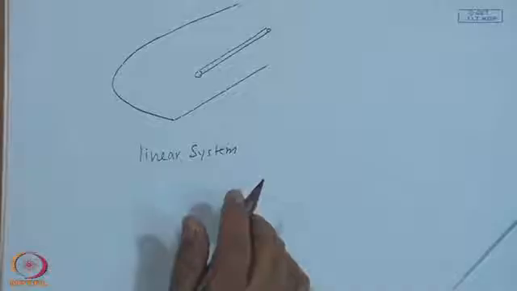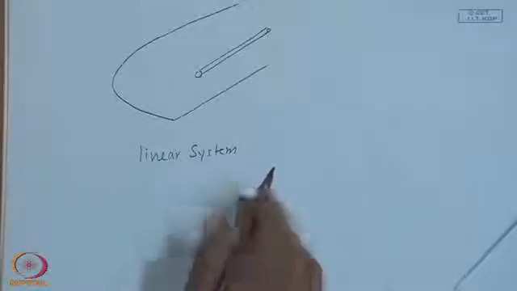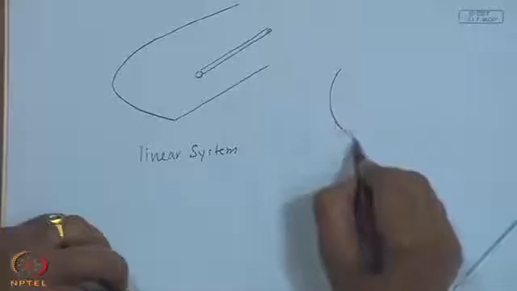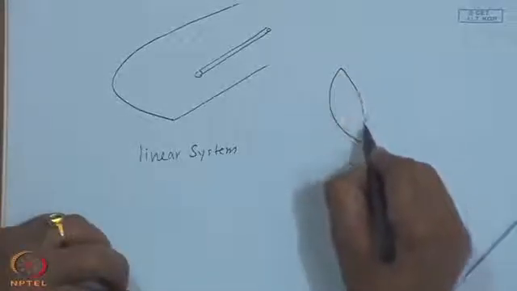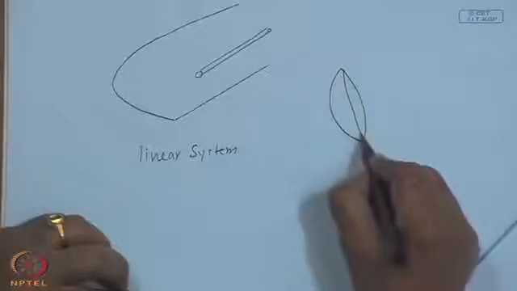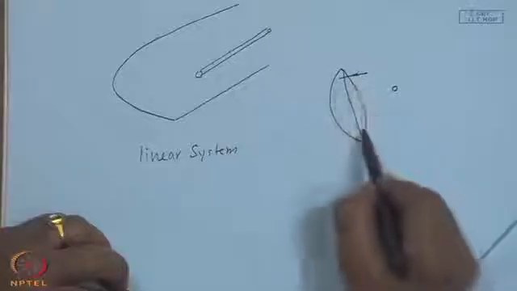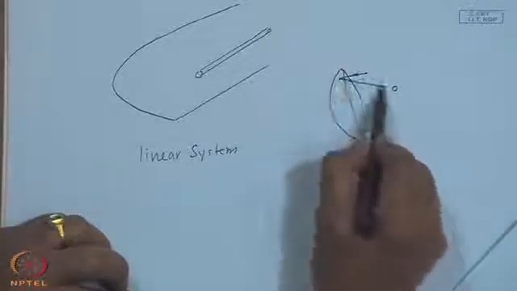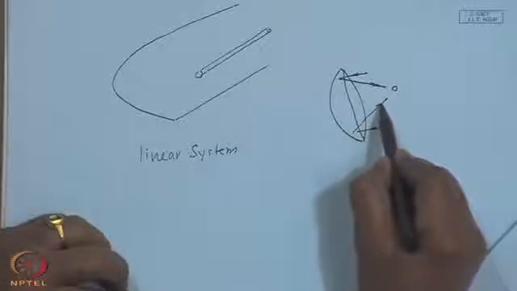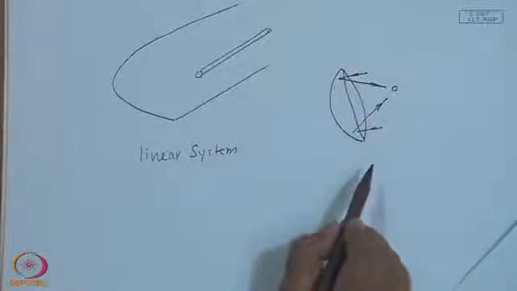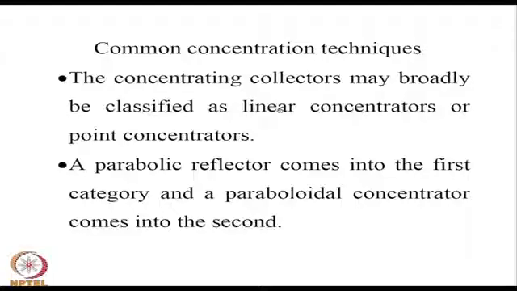So, parabolic reflector comes into the first category and the paraboloidal in the second category. This in principle is a point, though that point is finite, being the sun casting a finite disk size, and you can't have anything smaller than a particular size by virtue of the sun subtending an angle of 27 minutes at the earth surface.